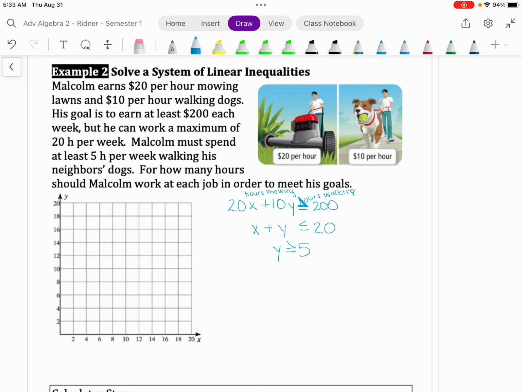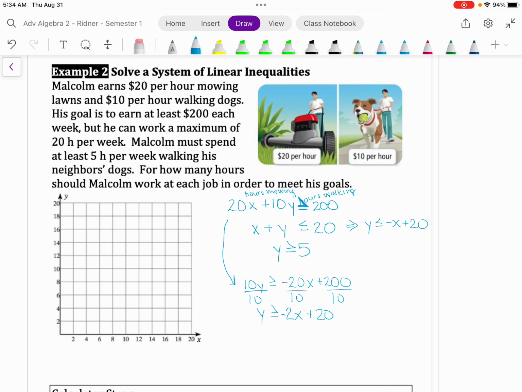So if I graph all of those, this one becomes Y is less than or equal to negative X plus 20 when I move X over. This one takes slightly more work with one more step here. So Y is greater than or equal to negative 2X plus 20. And I would graph those. So again, you can use Desmos. I'm trying not to switch back and forth.